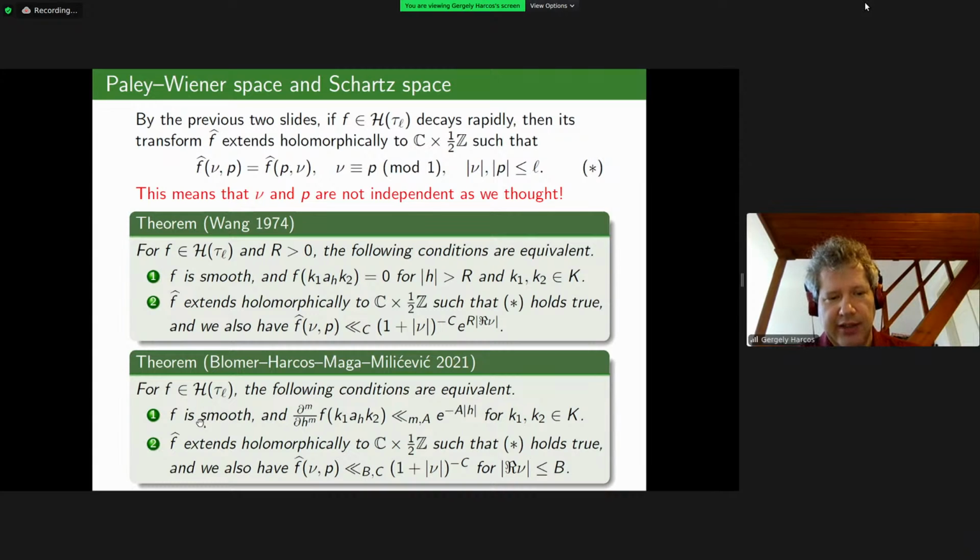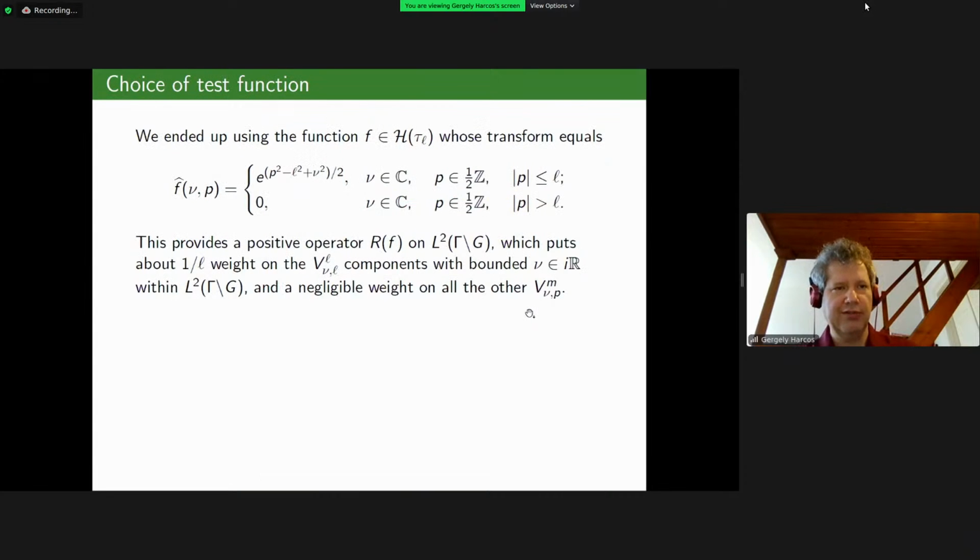If you are happy with going not with compactly supported functions, but with functions of rapid decay along with their derivatives, then we don't need the transform to be that precisely decaying in vertical strips. It is just sufficient that it decays rapidly in vertical strips with some implied constant. And so this generalization of Wang's Paley-Wiener theorem was very useful for us.